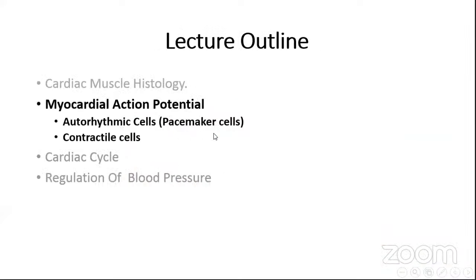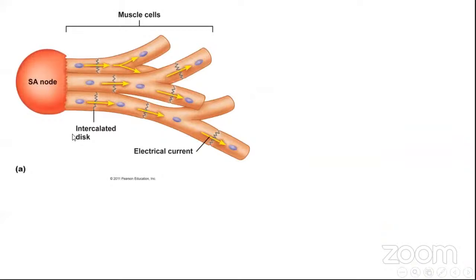Moving to the next main point, which is myocardial action potential. Cardiac cells can be divided into autorhythmic pacemaker cells that are primarily concentrated in the SA node and AV node, and contractile cells. When the SA node spontaneously depolarizes, it will generate an action potential that has to be spread throughout the cells.